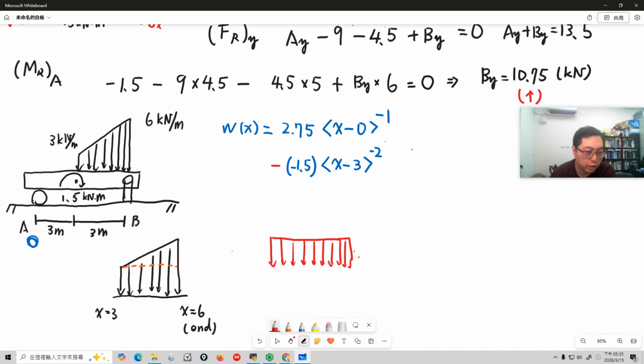The rectangle is here, from x equal to 3 to x equal to 6. Maybe the line is not straight, but bear with me, I don't have a ruler here. The other is the right triangle, also from x equal to 3 to x equal to 6.